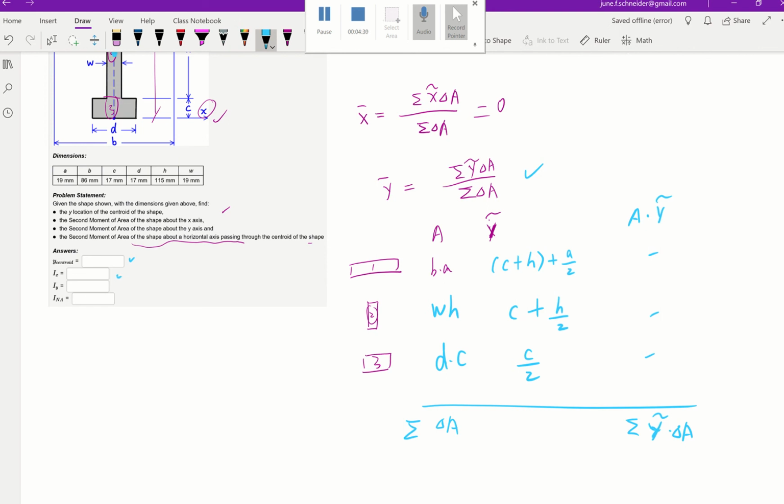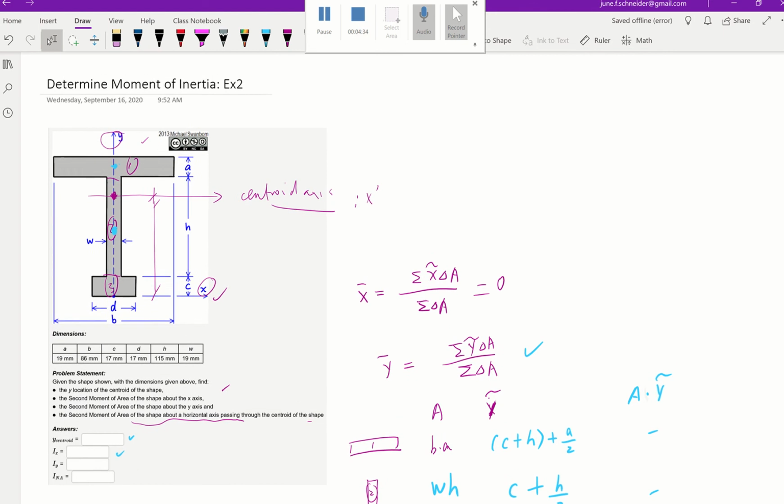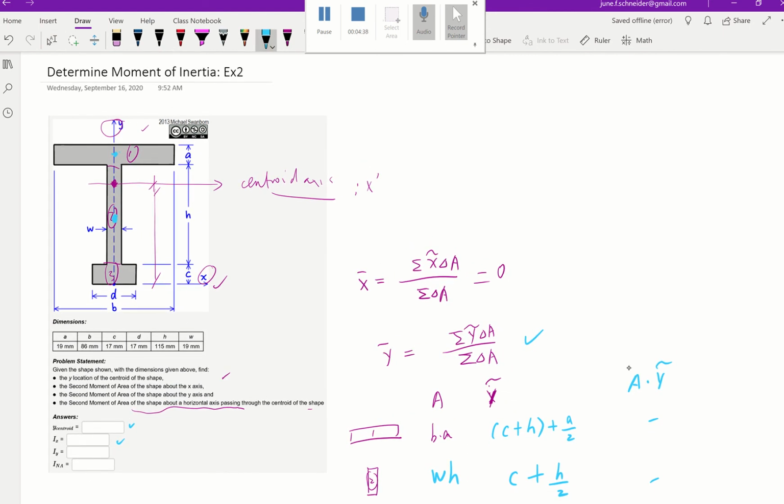Then let's look at Ix. The x-axis is right here, and in that situation we're going to basically have three shapes. The top one, with regard to the x-axis, will be around there.